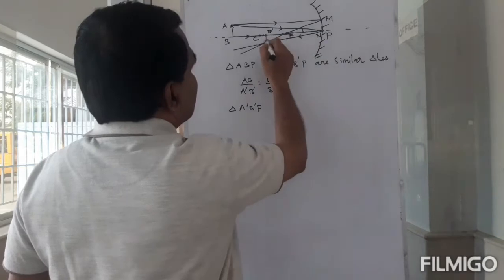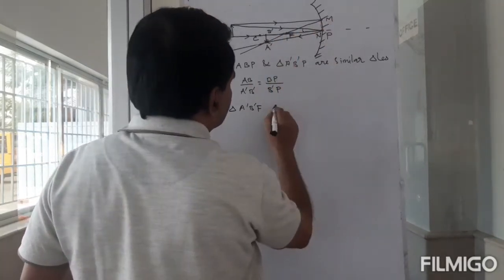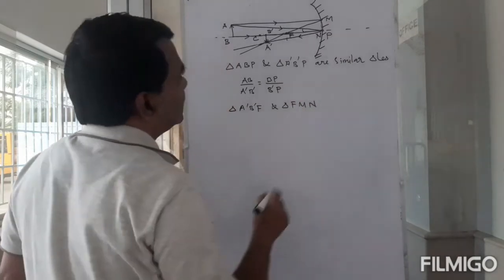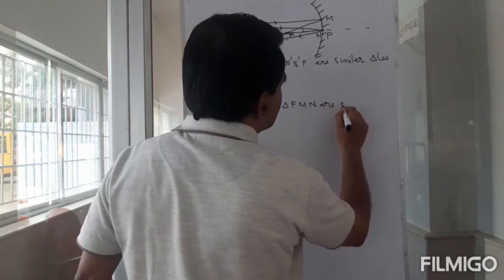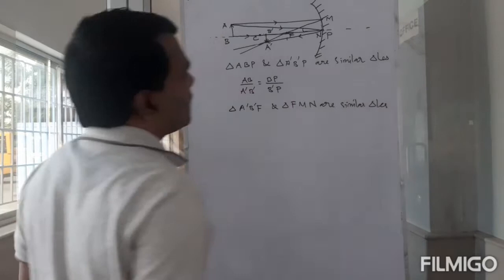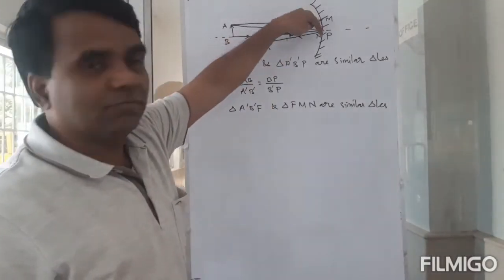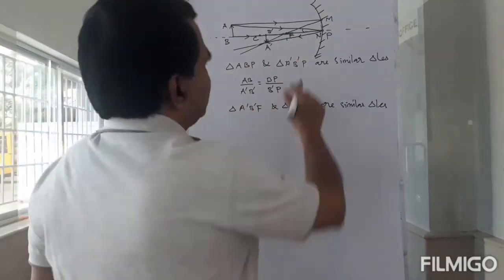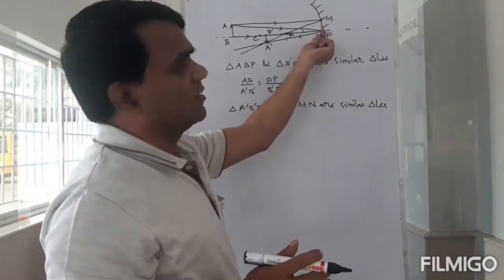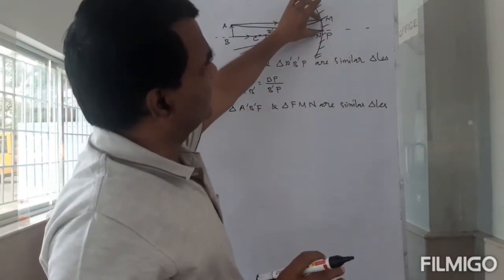Anyway, triangle A dash B dash F and triangle F M N are similar triangles. So I'm going to drop this. But again, N and P are so close that I could take just P instead of N. Let me not do it now, so I'll just take it as N.